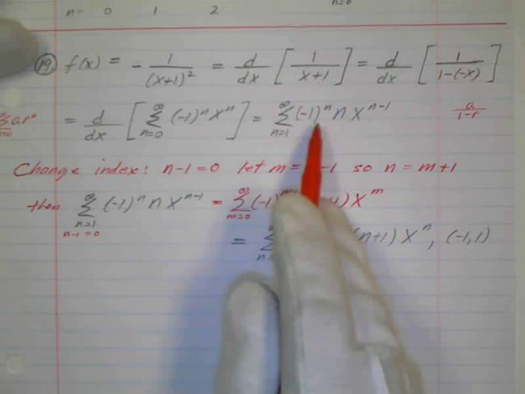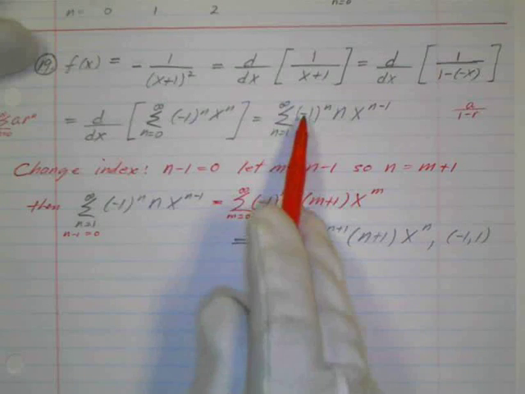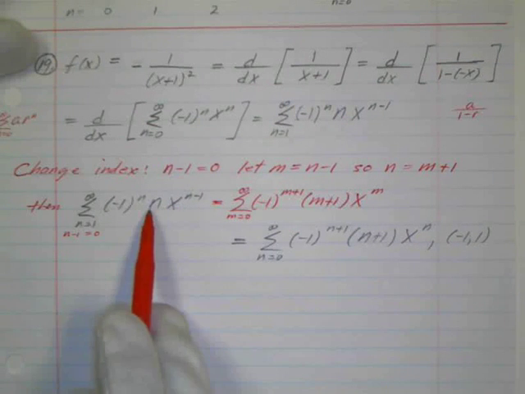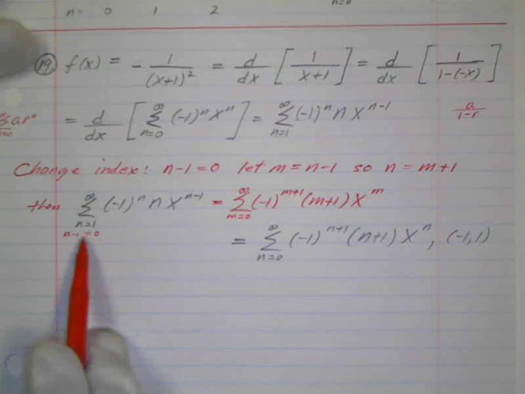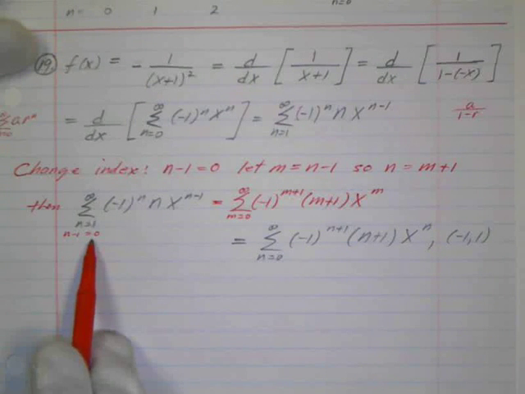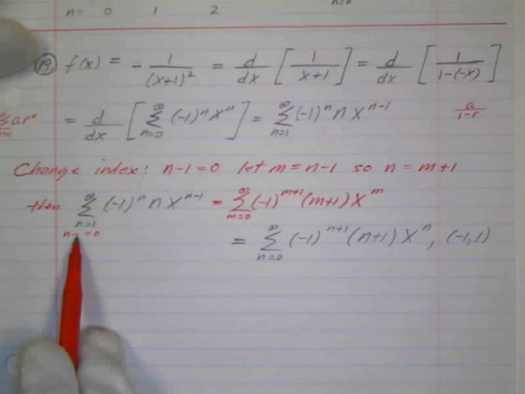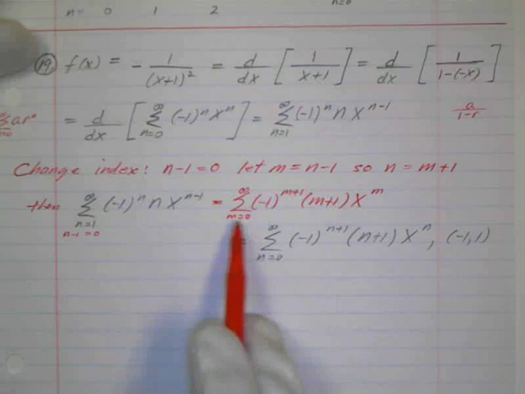So let's go back and look at this series over here. Negative 1 to the n times x to the n minus 1. And then what I'm going to do is, like I said, subtract 1, so n minus 1 equals 0. Instead of writing n minus 1, I'll write m, because that's what m equals, n minus 1.